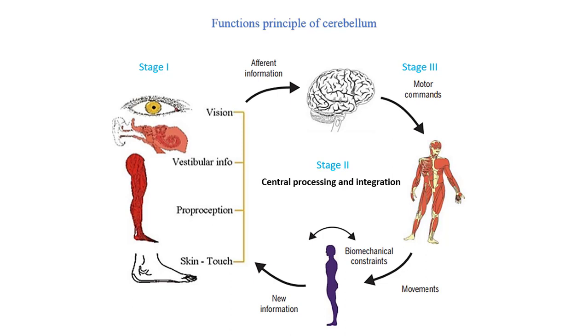In stage 1, cerebellum receives various kinds of sensory information either through direct pathway like spinocerebellar or indirect pathway like spinothalamo-cortical and cortico-ponto-cerebellar tracts.